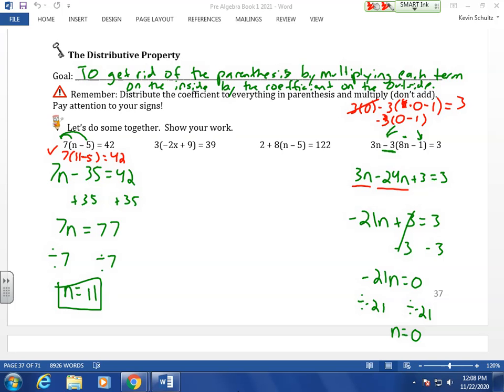Minus 1, negative 3 times 0 minus 1. Well, 0 minus 1 is negative 1. So does negative 3 times negative 1 equal positive 3? You bet it does. Okay, so it checks out.